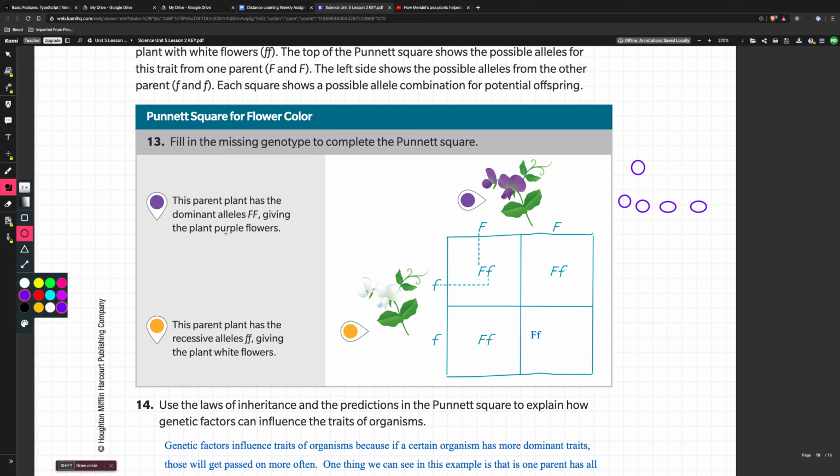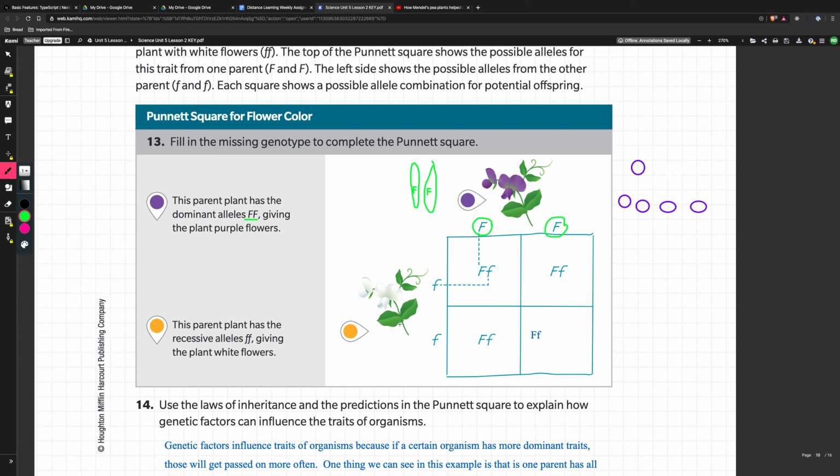The purple plant had the dominant alleles FF, these 2 uppercase letters. So you can see how right here, the purple has only dominant genes. It had 2 chromosomes, and somewhere in the chromosome there was a gene, and both of the alleles are dominant. So that's what this parent has.